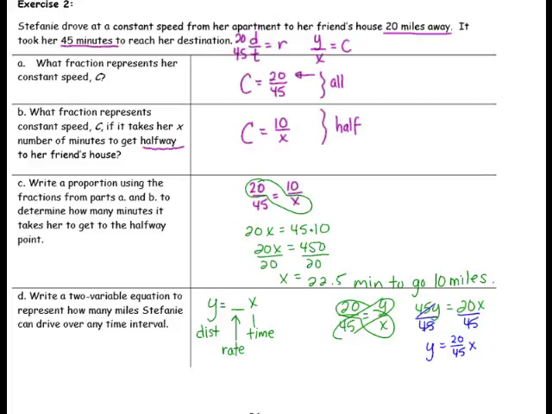We can simplify that fraction. That would be 4/9. So y is equal to 4/9 x. This is our linear equation. It is a two-variable equation representing how many miles Stephanie can drive over any time interval. Remember that y represents the distance. Her rate is 4/9, and the time would be x.